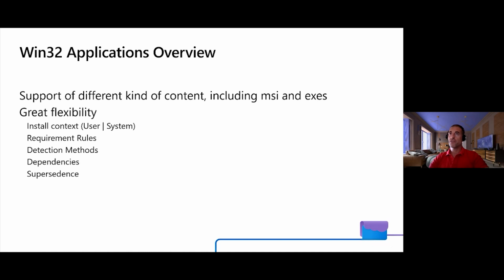You can define dependencies from other apps and update any existing apps on the device with a new version, or also replace an existing and already installed app with a different new app by using supersedence. Now let's see how the Win32 apps work in more detail.